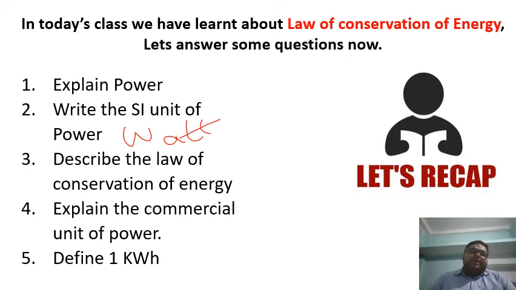How can we define 1 kilowatt hour? If we run an appliance that uses 1000 joules for 1 second, for 1 hour, then the resulting energy will be equal to 1 kilowatt hour. Okay, students.